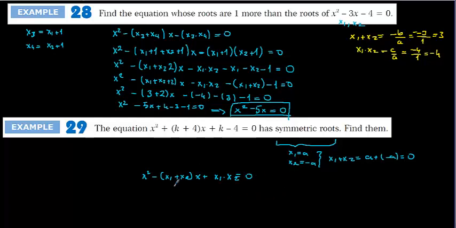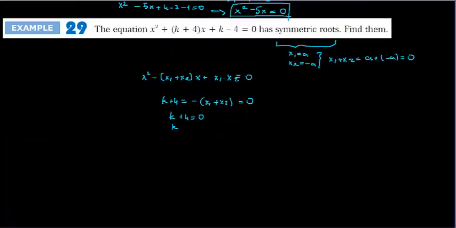You know that one. And if x1 plus x2 is equal to 0, it means that k plus 4 is equal to 0. Then k is equal to minus 4.